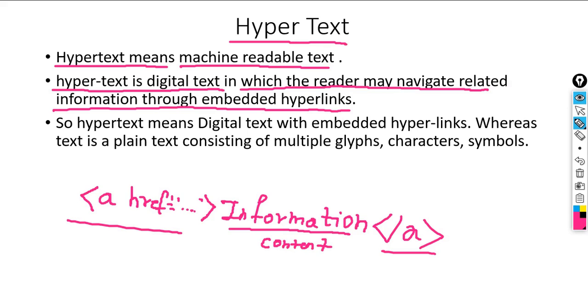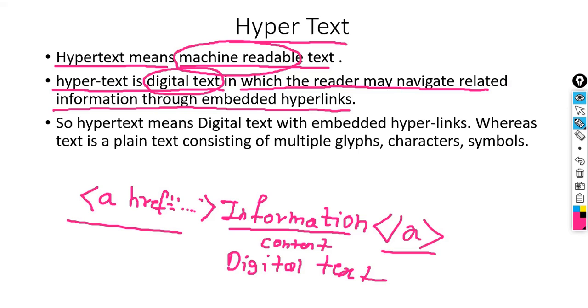So what I have told, hypertext means machine readable text, or a digital text in which the reader may navigate related information through an embedded hyperlink. So this plain text has now become digital text.